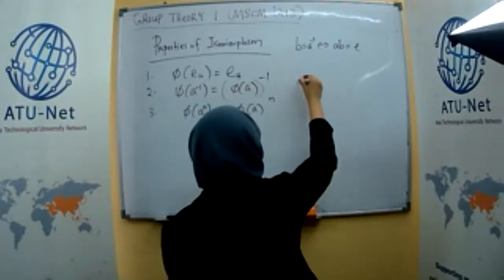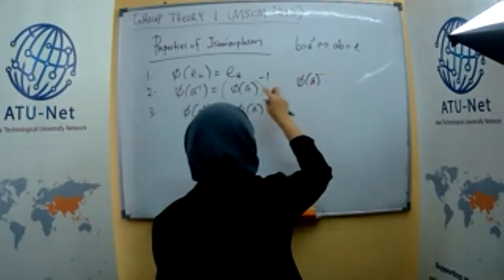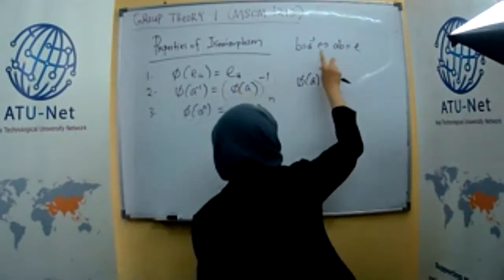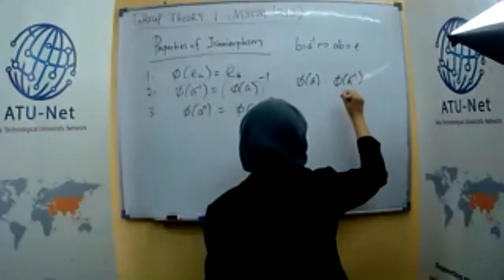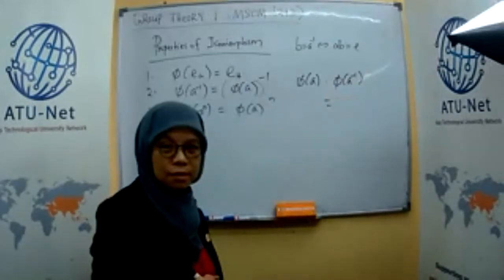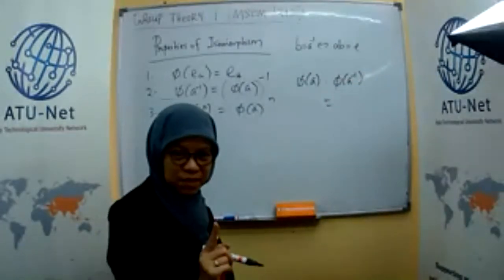So I just multiply phi A times B by homomorphism.